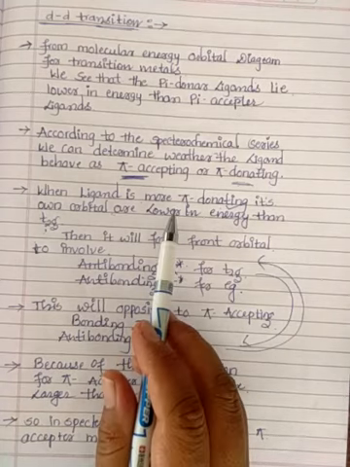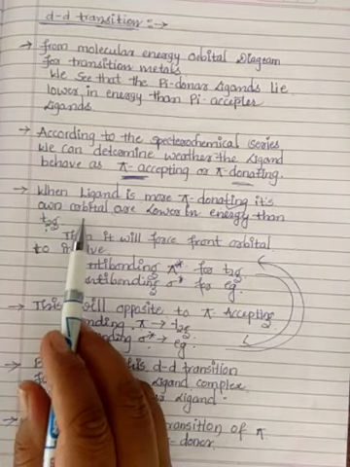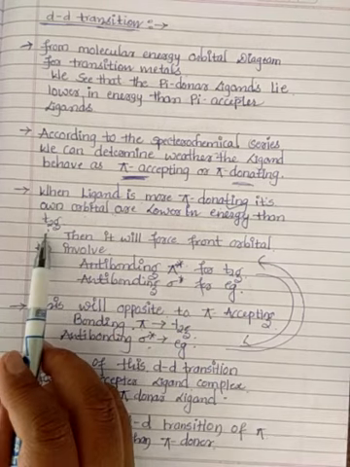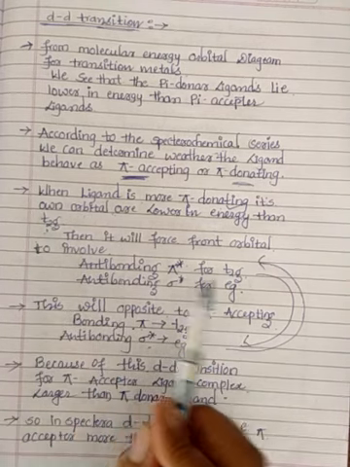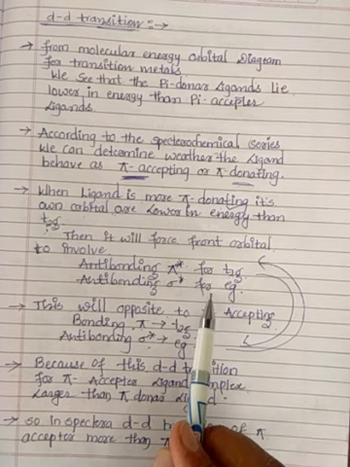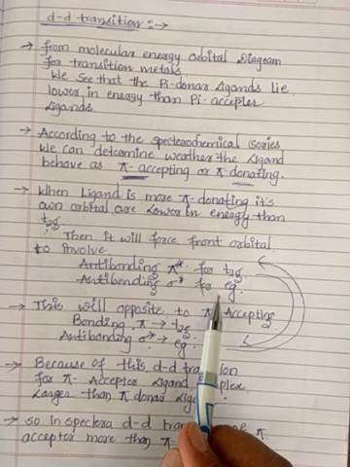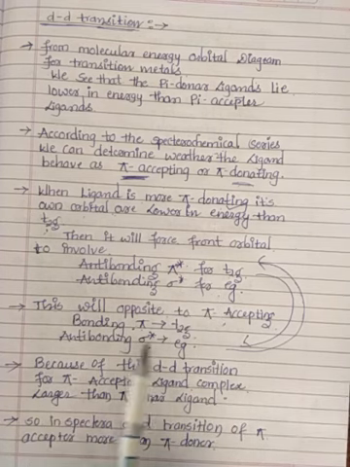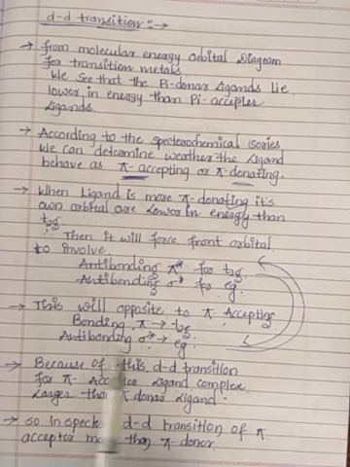So when the ligand is pi donating, its own orbitals are lower in energy than those of t2g, then antibonding pi star for t2g and antibonding sigma star for eg. Again, if it is accepting, then bonding pi t2g and antibonding sigma star eg.